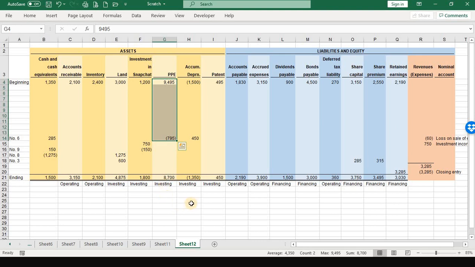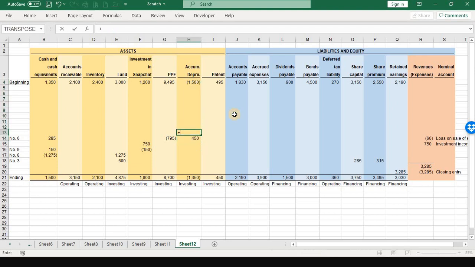Then let's check accumulated depreciation. So 1,500 less 450, the sum is 1,050 pesos. However, the ending balance is 1,350 credit balance, which means there is an additional transaction affecting accumulated depreciation. And how much is this additional transaction?